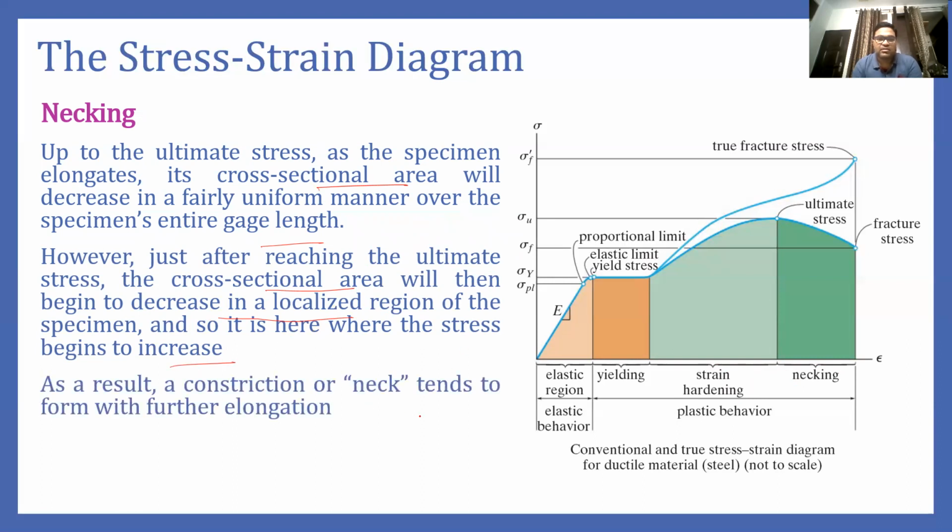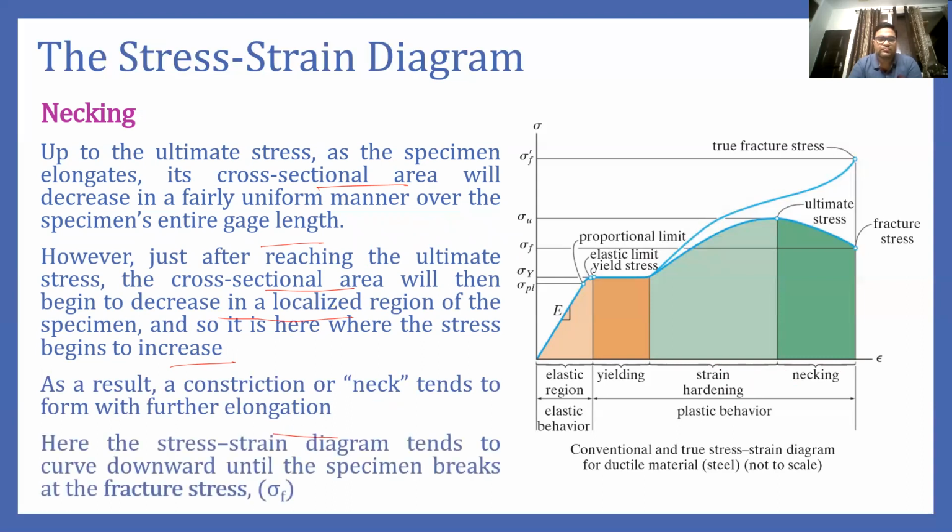As a result, a neck tends to form with further elongation. Here the stress-strain diagram curves downward until the specimen breaks at the fracture stress, sigma f. So those are the terms we have used: yielding, elastic region, strain hardening, necking.